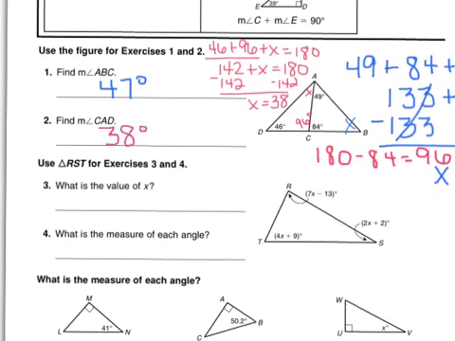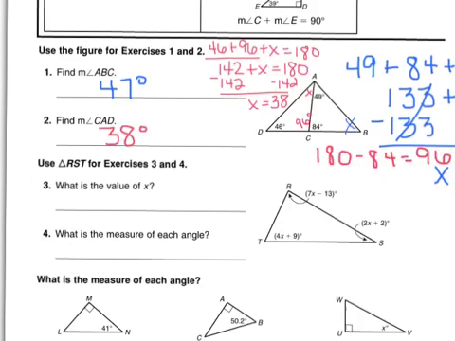Sometimes they take a little bit of problem solving. The other thing I was going to mention, maybe this will make more sense to you, is this is one big triangle, right? From D to A to B, one big triangle. So this angle and this whole angle would have to add up to what? In a triangle, always 180.